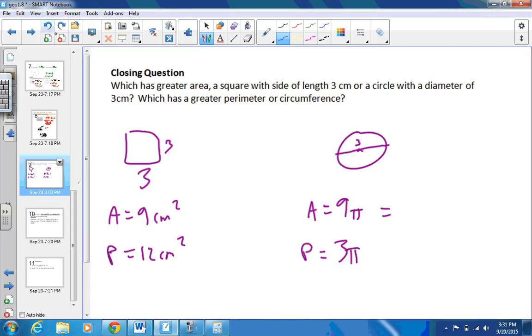So let's say that's approximately equal to 28. Let's just say 28. That's my estimate. So this one has the greater area.